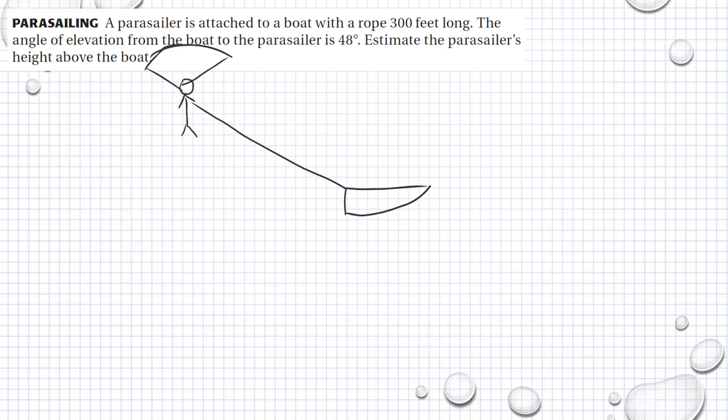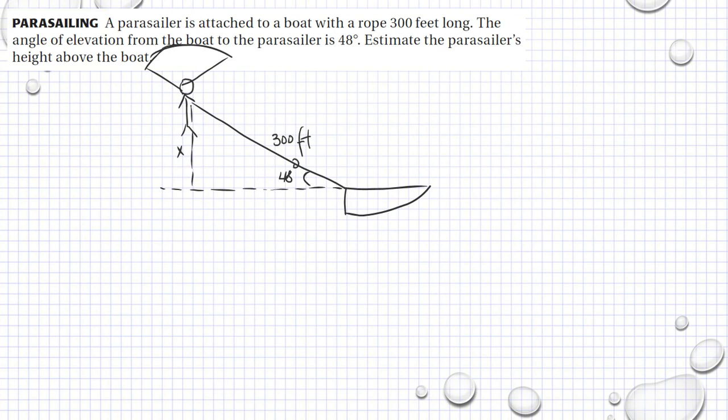Very simple drawing. And what it says, this is 300 feet, and then the angle of elevation is 48 degrees. That's it. Estimate the parasailer's height. This is what we're going to estimate, the x here.